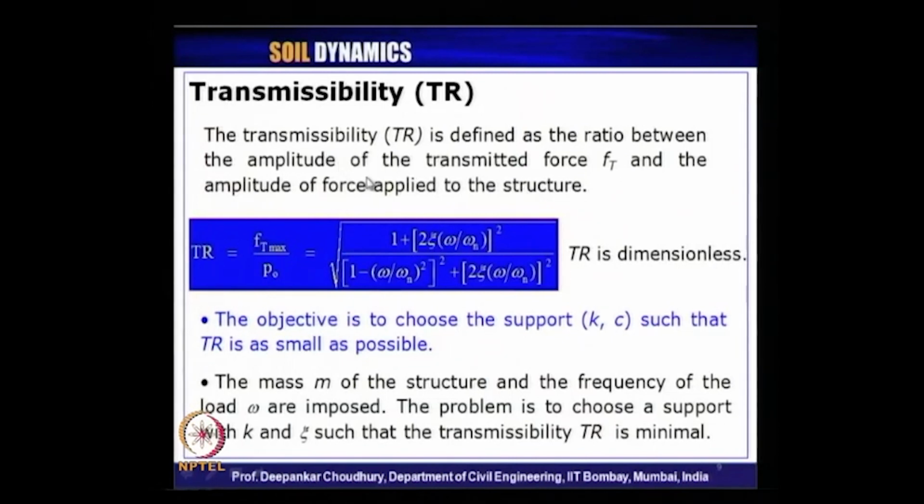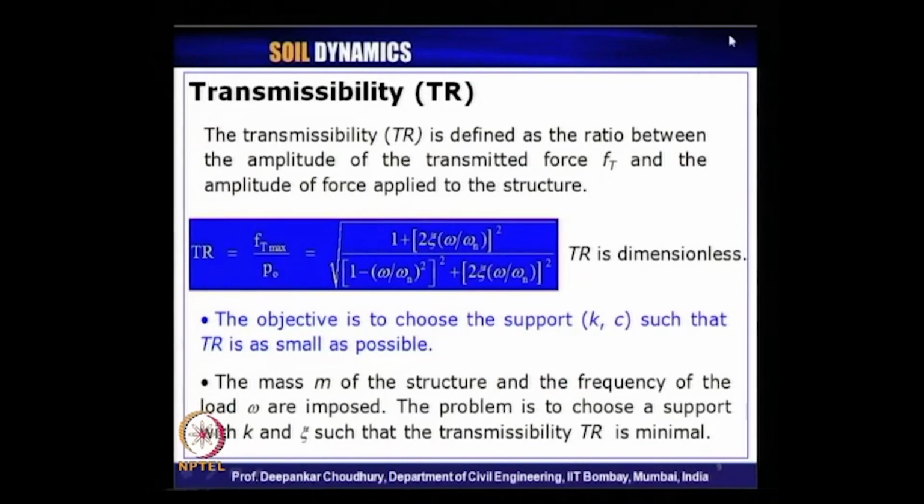So, in mathematical form, the transmissibility ratio is expressed as the maximum value, this is the amplitude of F t max, which is transmitted to the system, divided by the amplitude of the force which is applied to the system.